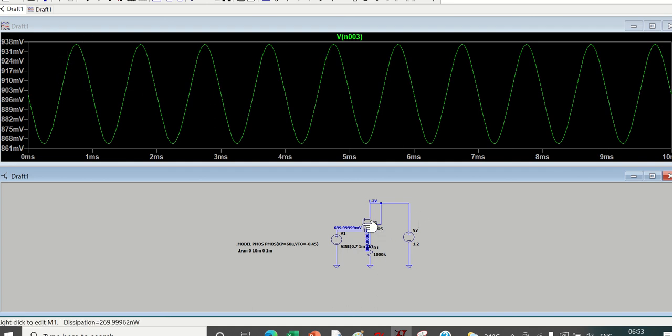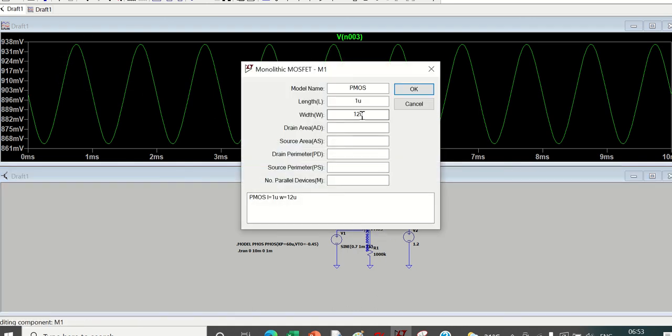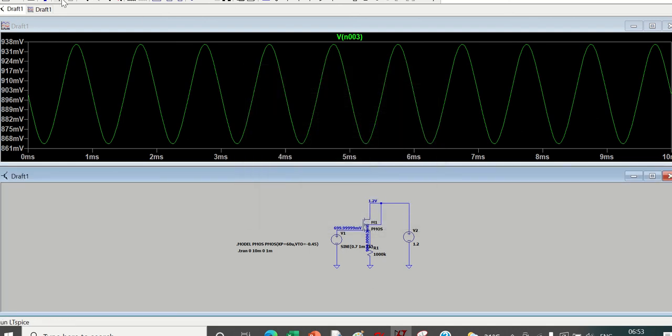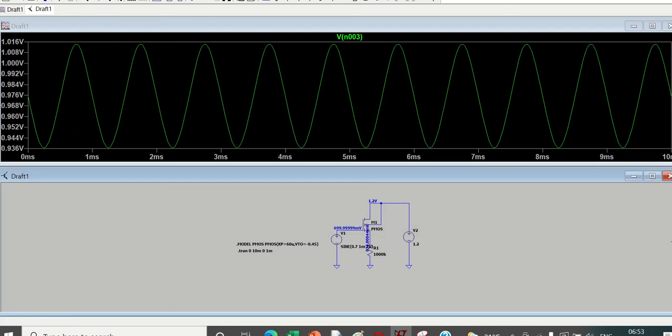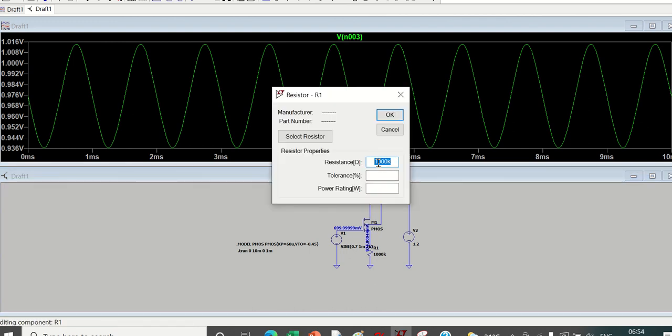That is good. I can slightly further increase, I'll make this 13 micro. Now my gain has further improved. More than that, let it be 1000 only.